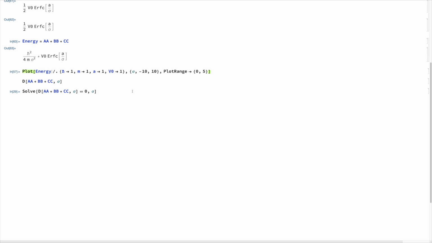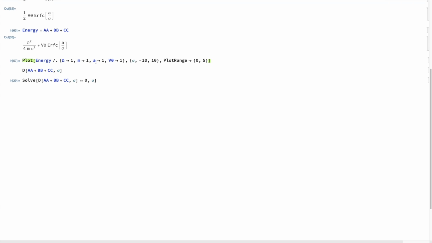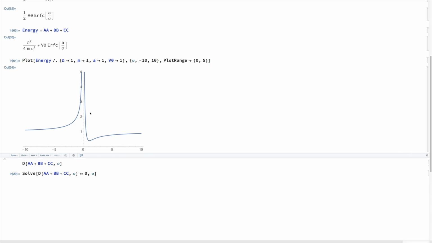Before we start to do the minimization, let's plot it, and again, I'm setting most of the things equal to 1, but I want to see what happens to the energy as we change sigma, right? And look, this is kind of neat. Now, for sigma less than 0, perhaps this doesn't mean anything, but for sigma greater than 0, it does. And we can see if sigma is really small, if it's a really tight little Gaussian, then it's all sort of in the middle of the well, of course, but then the kinetic energy contribution is really big, right?